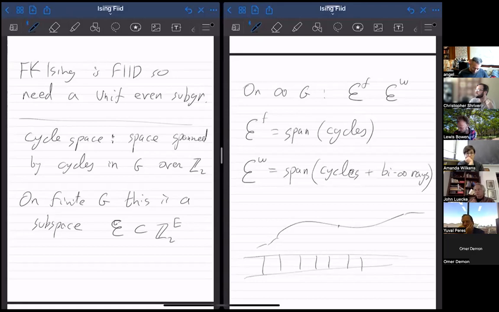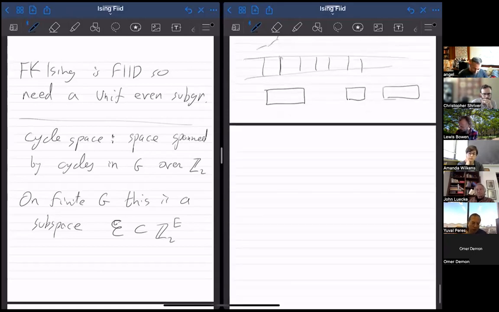Maybe one small example that shows the difference is the ladder graph. On the ladder graph, the cycles are just generated by the individual squares, so a free even subgraph will just be a collection of rectangles like that. Whereas for the wired one, you're also allowing the double infinite path.